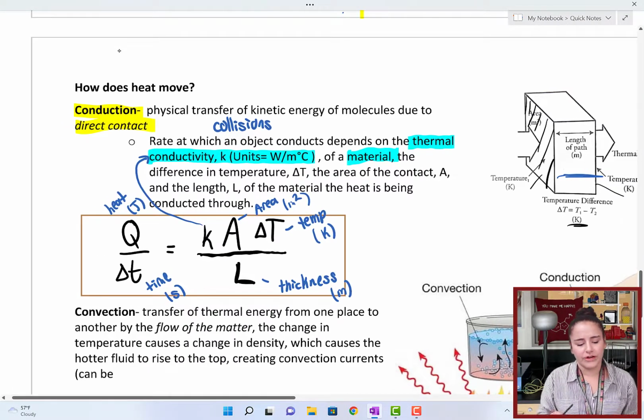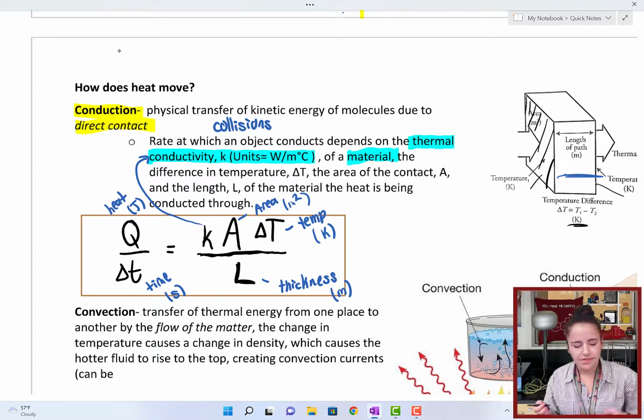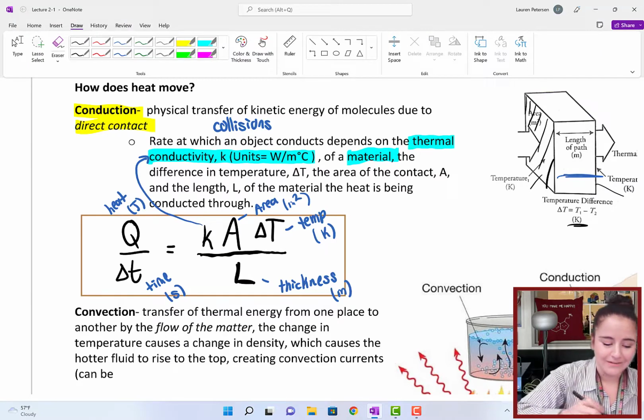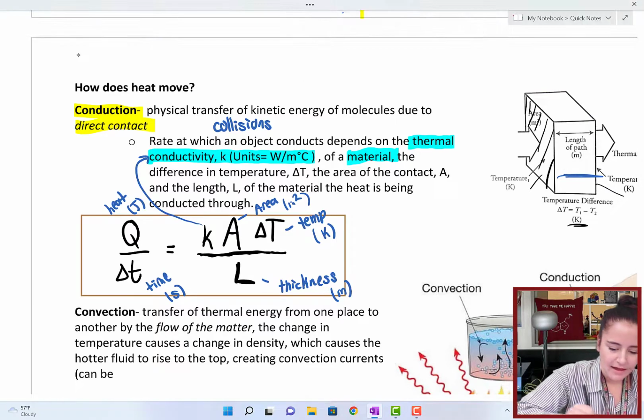But let's look over here at this heat over time, this joules per second, the rate at which that energy is flowing through. What does that also mean? It might be a familiar concept. We have joules per second. What does that make you think of? It's the power.